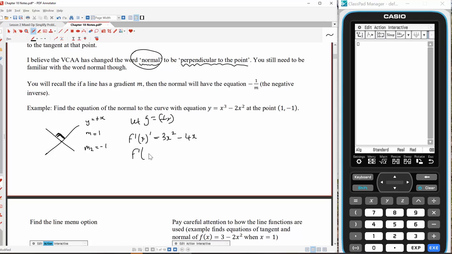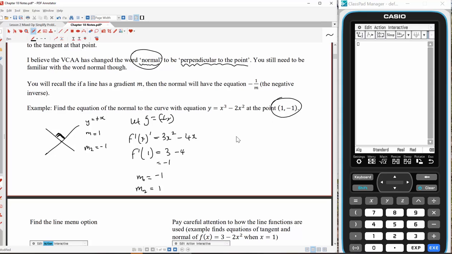Now f dash 1 is going to be 3 take 4, which is negative 1. So m at the point is negative 1, and I'm going to call this m1. The gradient m1 at the point is negative 1. So the normal is going to have a gradient that's the negative reciprocal of this line. So m2, the normal, is going to be negative 1 over negative 1, which is going to be 1.